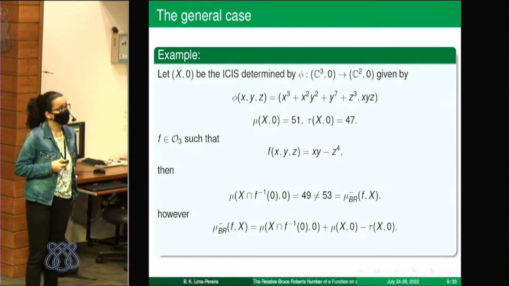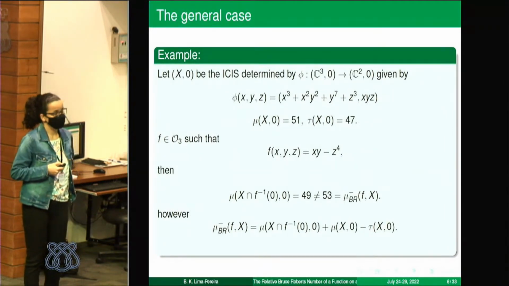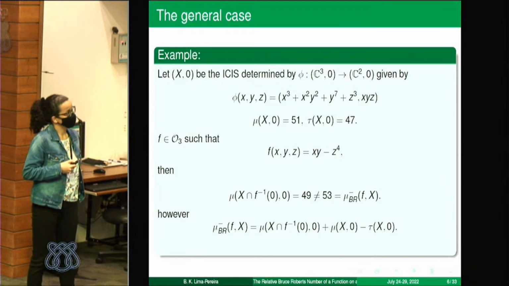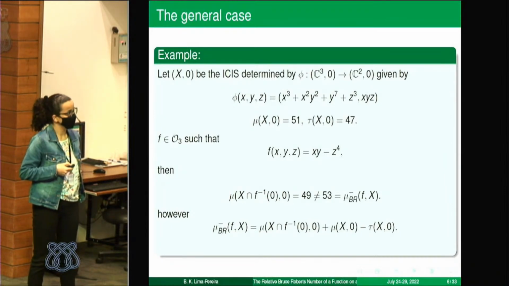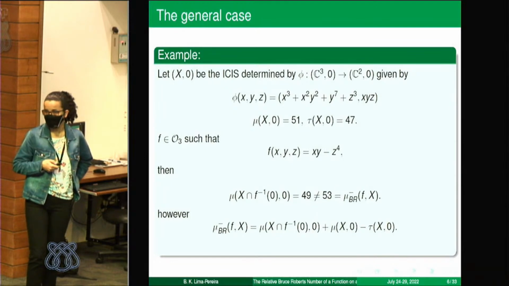We calculated the Milnor and Tjurina numbers of the ICIS. This ICIS is not weighted homogeneous. We also consider this function germ, and we calculated the Milnor number of the fiber. In this example, we have this relation for the relative Bruce-Roberts number.